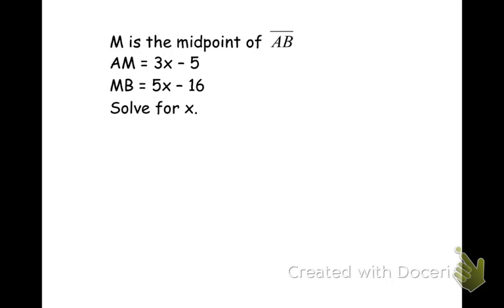In this example, M is the midpoint of segment AB. A line may help us visualize this. Endpoints A and B. Here's the midpoint M. We know AM has a distance 3x minus 5.